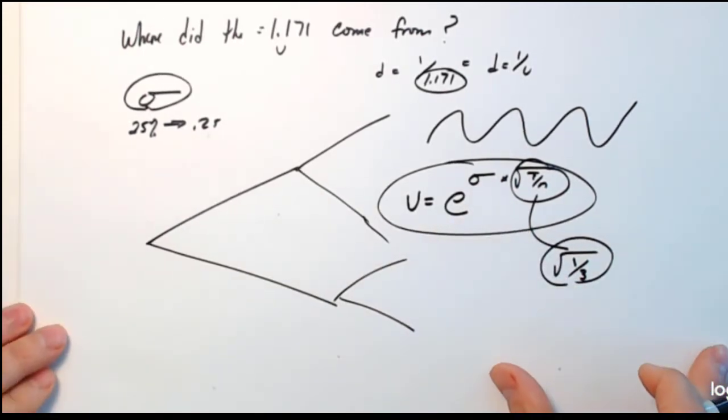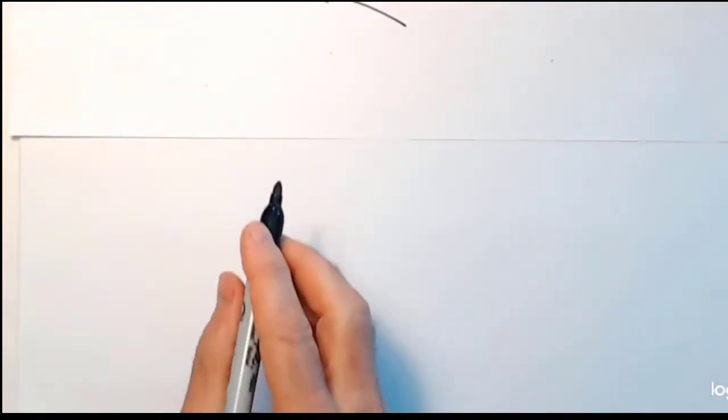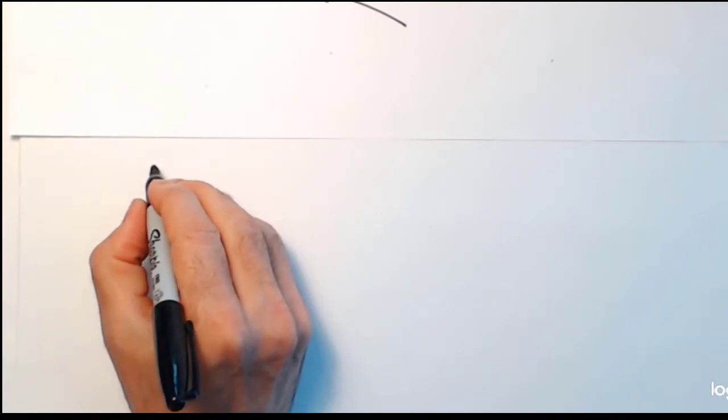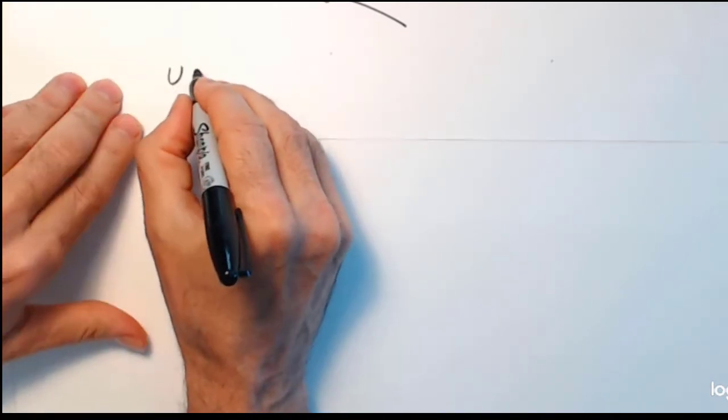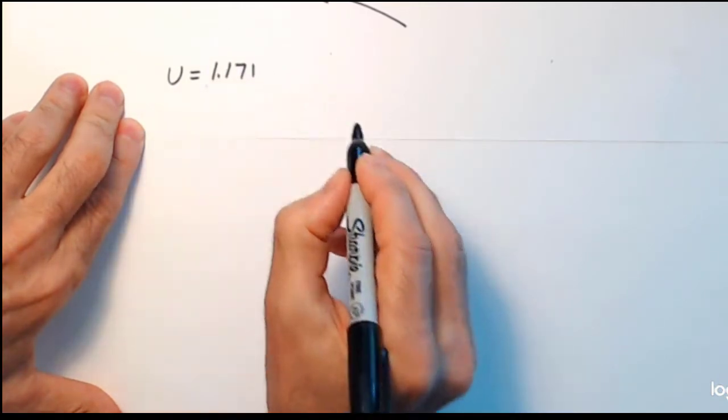Now, that may still seem a bit abstract, so let me try to make some sense out of it in terms of what we just covered. U equals 1.171, which is what I gave you.